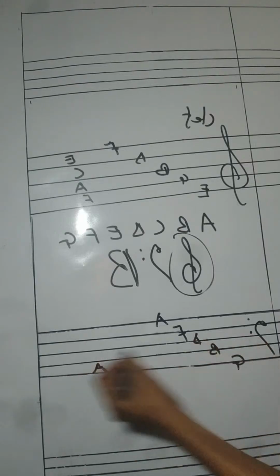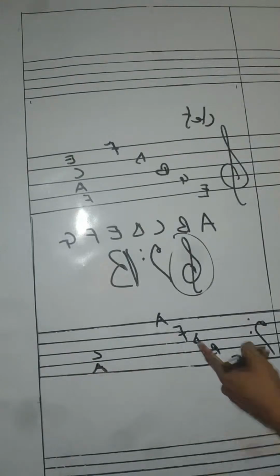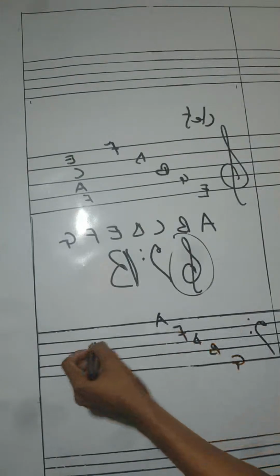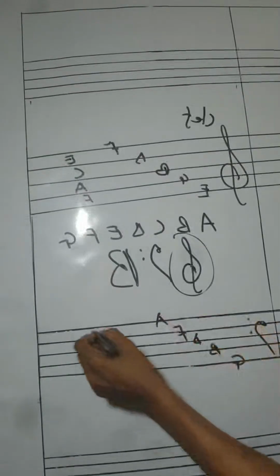Between B and D your C is missing, so C is in the second space. Between D and F your E is missing, so we have E in the third space. And between F and A your G is missing.